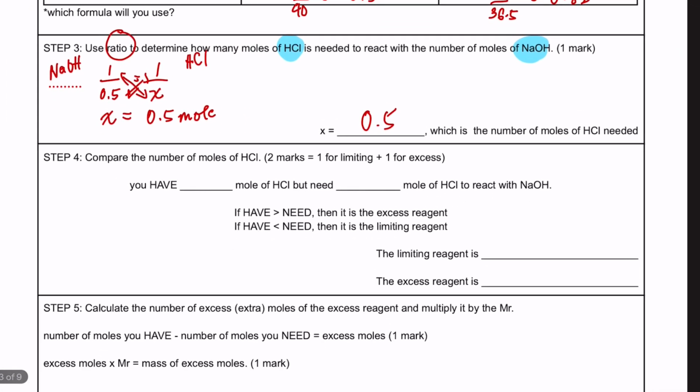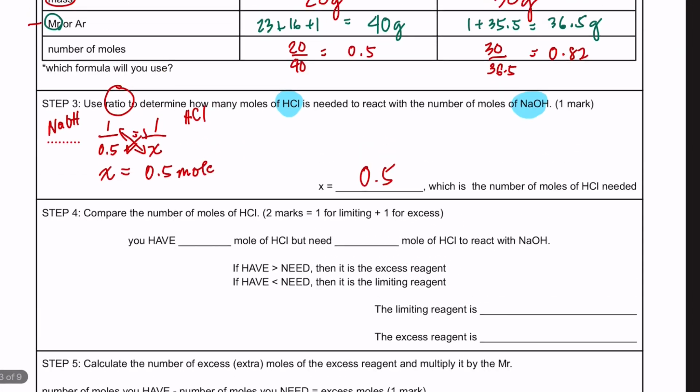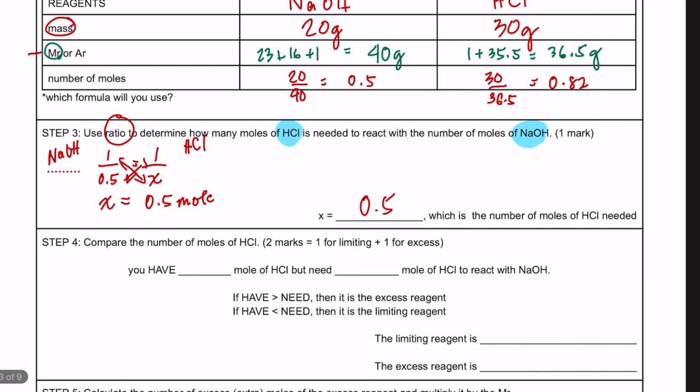So let's look at the comparison here. You have 0.82 mole of hydrochloric acid, but you only need 0.5 mole. So which one are we using here?